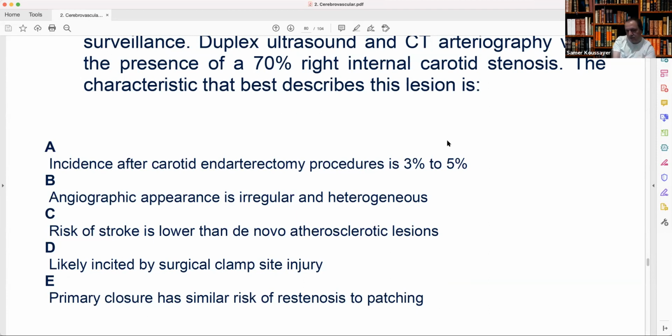So you do a surgery, and after 3 months the patient comes with a high velocity, this is a surgical issue, either a clamp injury, or you didn't remove the plaque completely, or you missed something like that. After 1 year, if the patient comes with a stenosis, then you think about neo-intimal hyperplasia. After 3 years, after 5, 6, 7 years, then you think about atheroma, because that is not the time for neo-intimal hyperplasia.